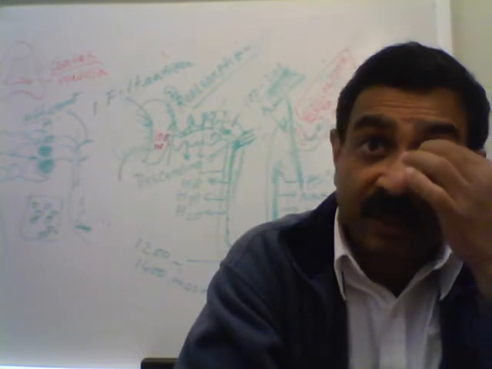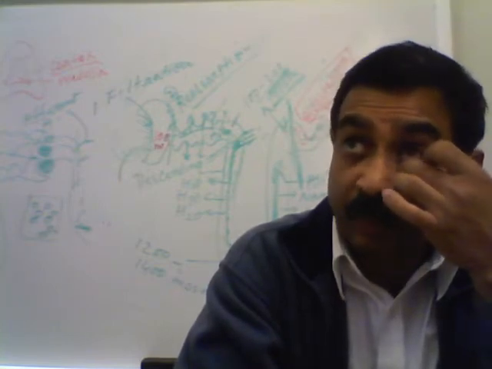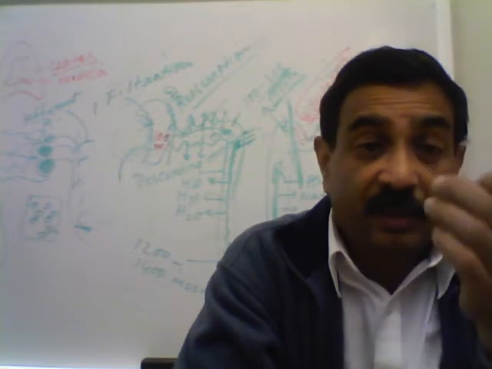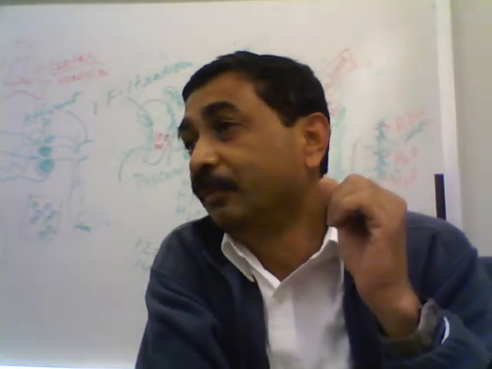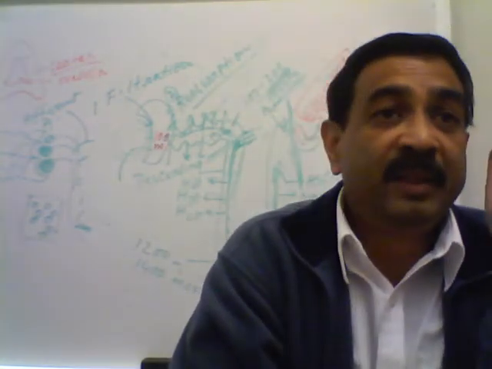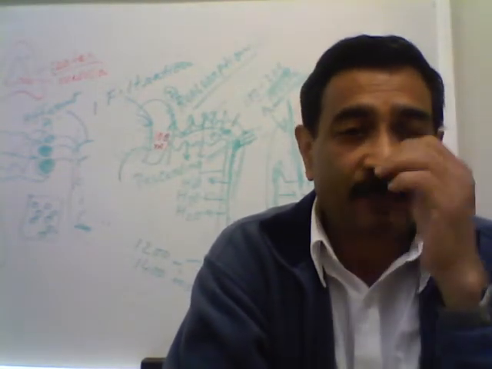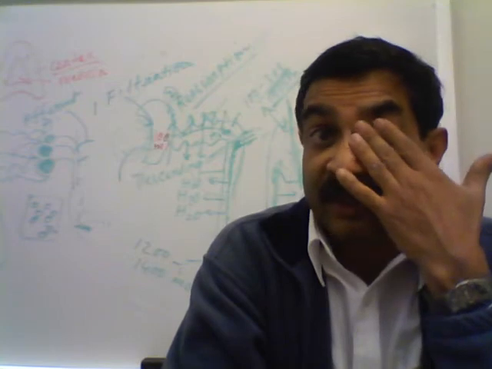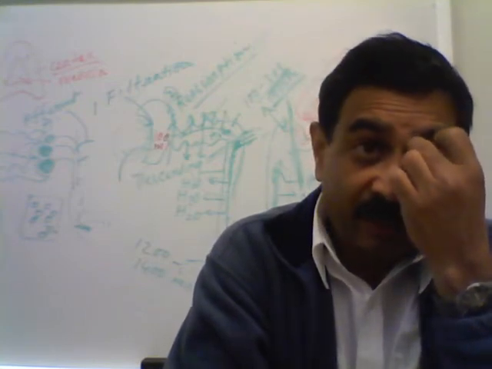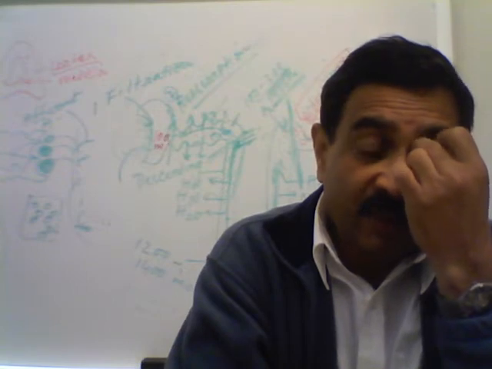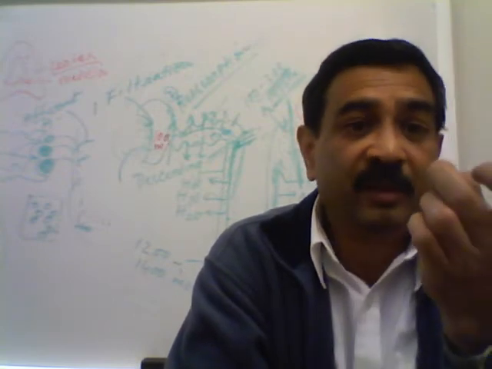Those are called juxtamedullary nephrons. Just know that cortical nephrons produce diluted urine, and juxtamedullary nephrons, those long loop of Henle nephrons, produce concentrated urine. Okay.